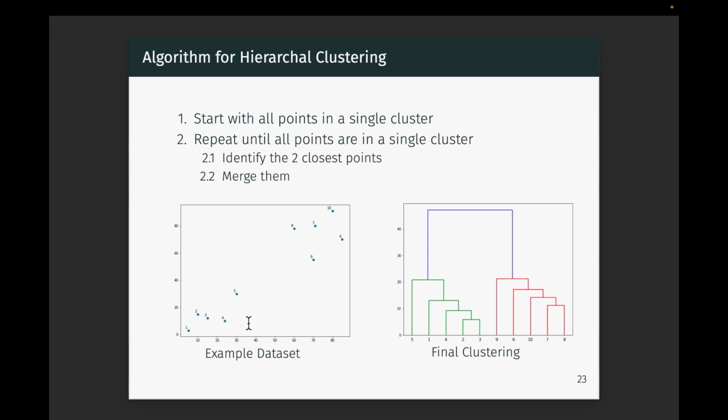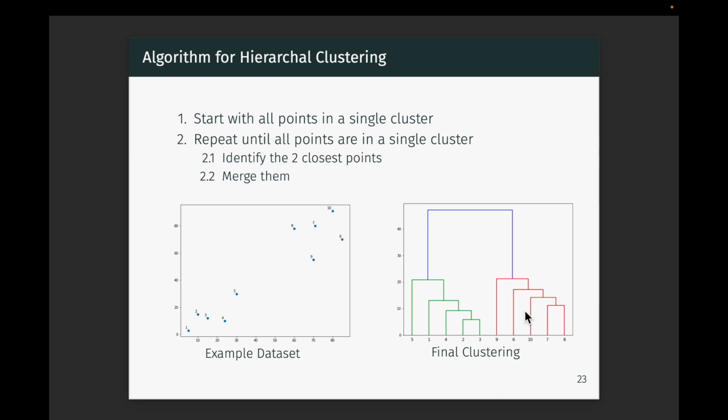So that has some distance, and it gets joined at this particular distance, and you create a new structure like this. On the other side, 7 and 8 are close to each other, so you combine them into a cluster. And when you have combined them, that becomes closer to 10, and so on and so forth.